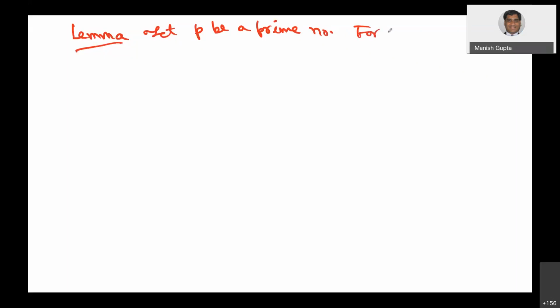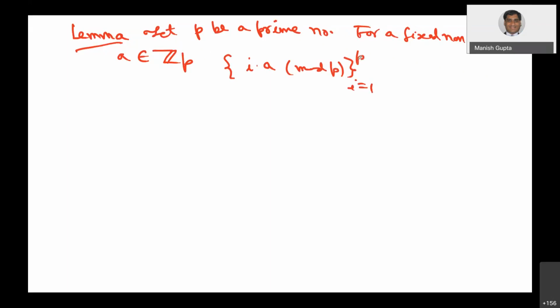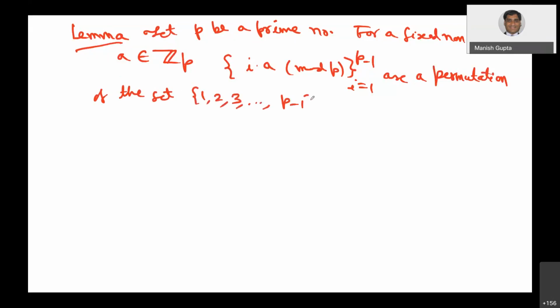For a fixed non-zero element a in Zp, integers modulo p, the set I times a mod p, for I equal to 1 to p minus 1, is a permutation of the set 1, 2, 3, up to p minus 1. Got it? Whatever we observed, I have written it like this.